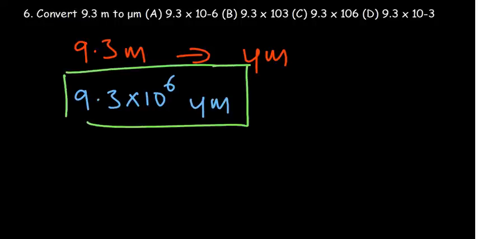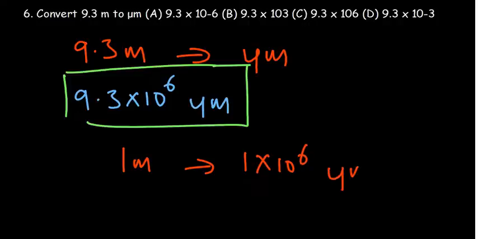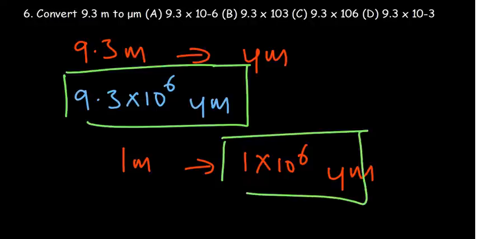In other terms, 1 meter is equivalent to 1 times 10 to the power 6 micrometers. The reason is simple, because micro stands for 10 to the power -6. If I want to take the right hand side back to meters, where there's micro, if I put 10 to the power negative 6, it will cancel, giving me meters.